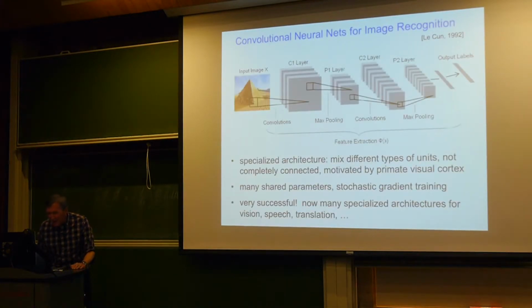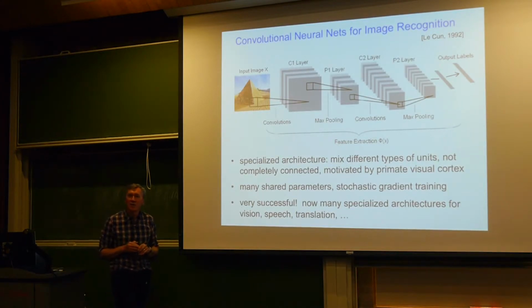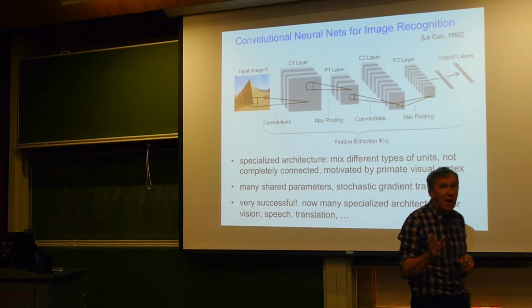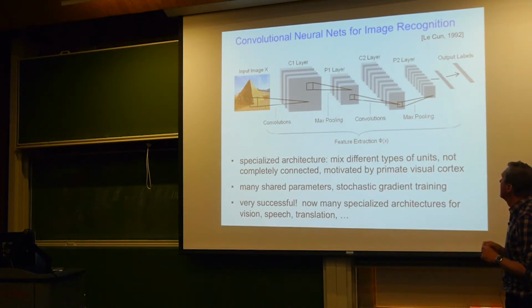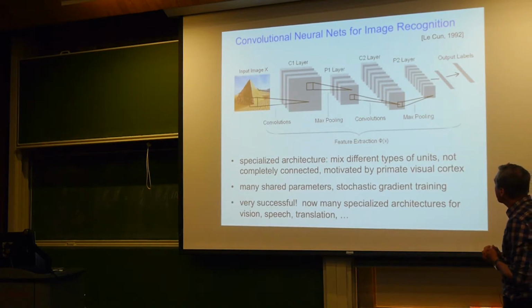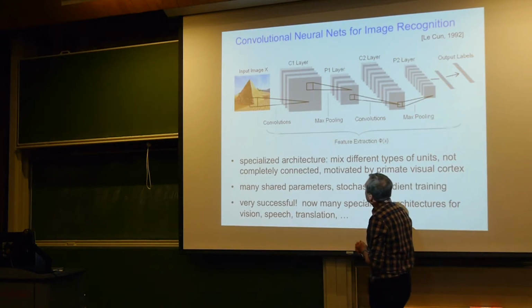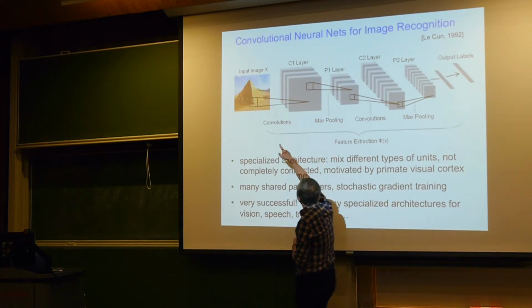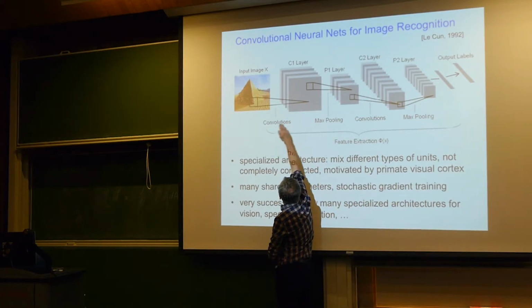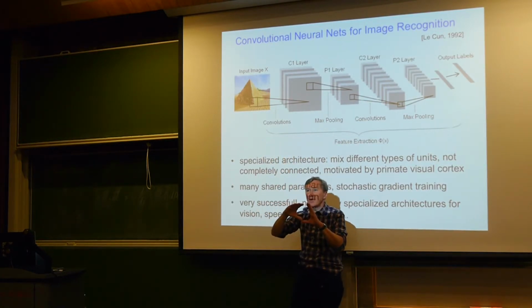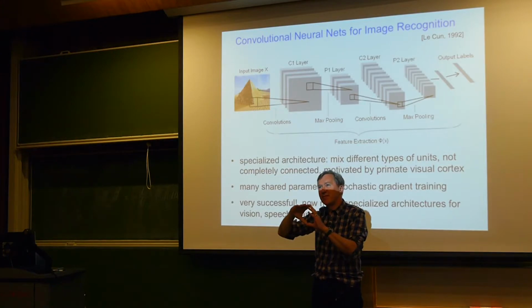Okay, so let's move on. Speaking of convolutional neural networks, here's another specialized architecture, which is very popular in computer vision these days. This is a diagram of a much deeper neural network, which differs from our standard architecture in a couple of ways. One is in the first layer, each of the units really is sensitive only to a local patch in the image.